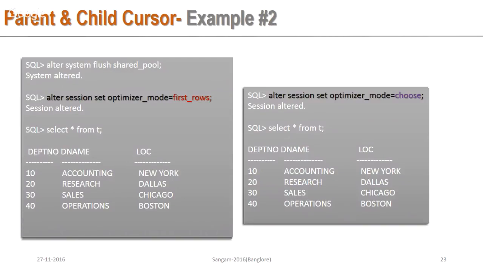Now, this is another example. In this example, I'm running the same query select star from T, but the query is running in the same session under two different optimizer modes. One mode is first rows, and the second mode is choose. There is no change in the case of the query. The case remains the same, but I've changed the optimizer's behavior by the mode mentioned here.